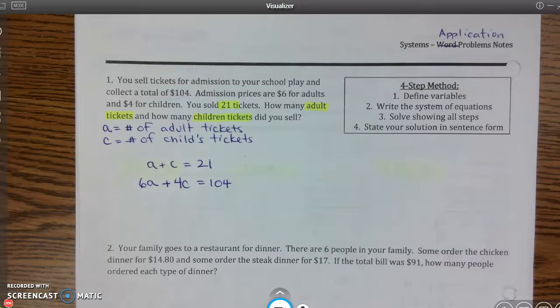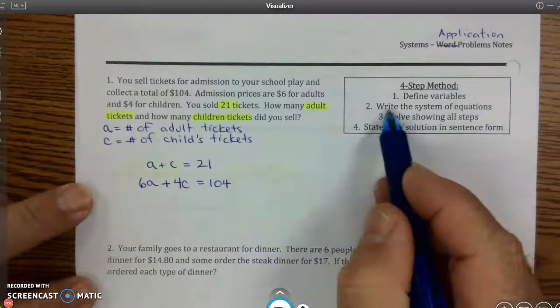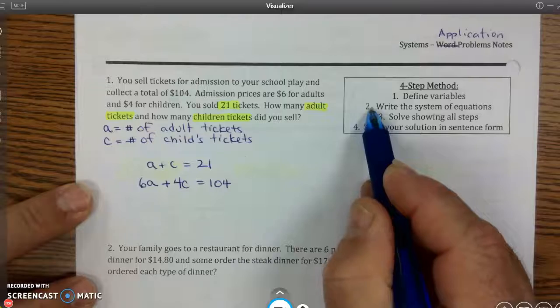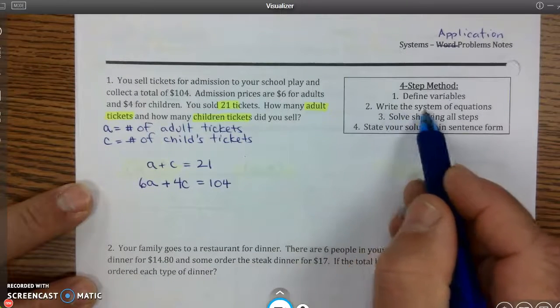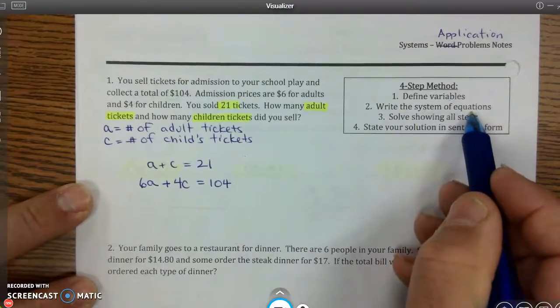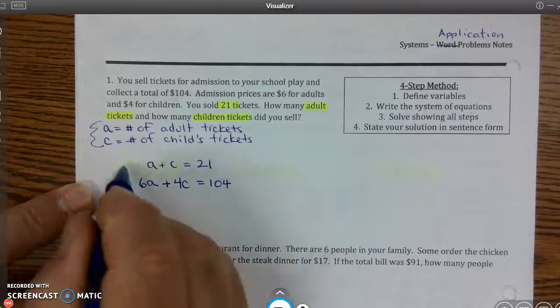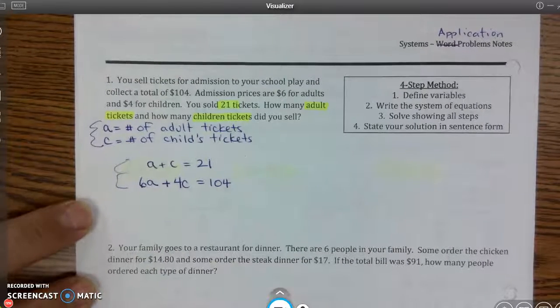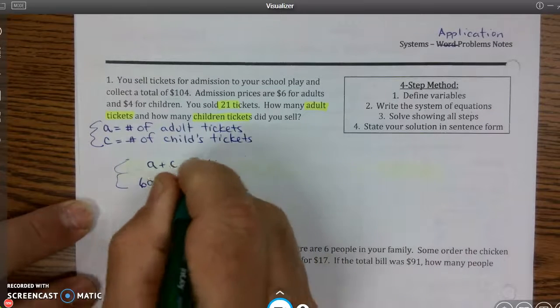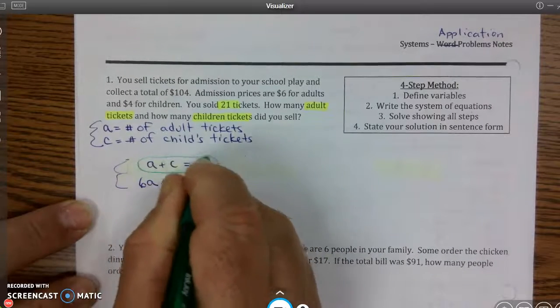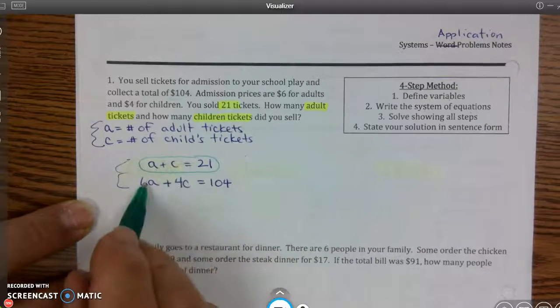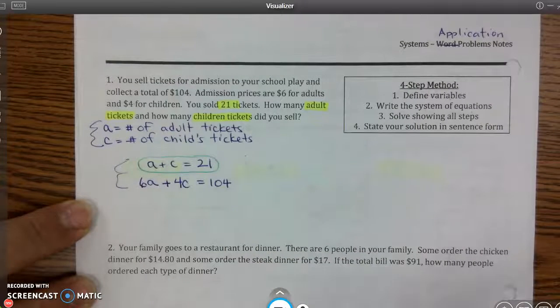And so now, we just completed step 2, by the way, writing the system of equations. Here's step 1, here's step 2. Now we need to solve this. Well, that's tricky. We're going to have to multiply this top equation by -4 or -6 to get one of these variables to cancel out.